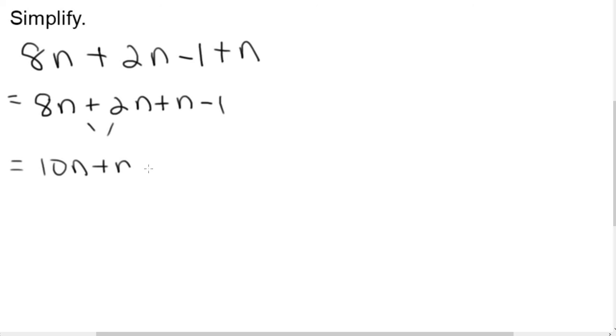Bring down the n, plus n minus 1. Well, we see we still have like terms because n and 10n are like. But how many is n? N is just 1. So 10n plus n gives us 11n minus 1. These terms are no longer like, so we say that that's completely simplified.